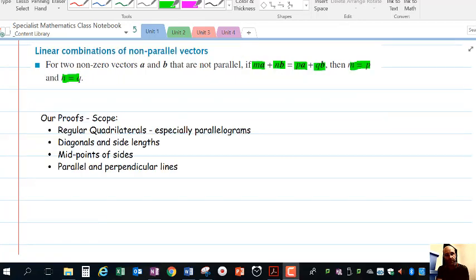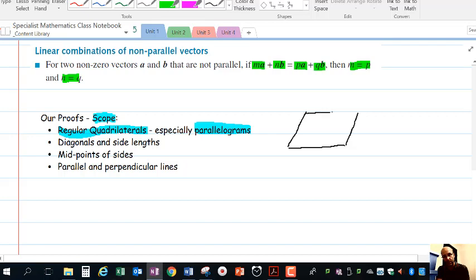Lastly, the scope of our proofs, what we will be including are the following. We'll be basing it on quadrilaterals, regular ones, and mainly parallelograms. Just make sure you realize that a parallelogram is basically the shape which can yield three other common shapes.